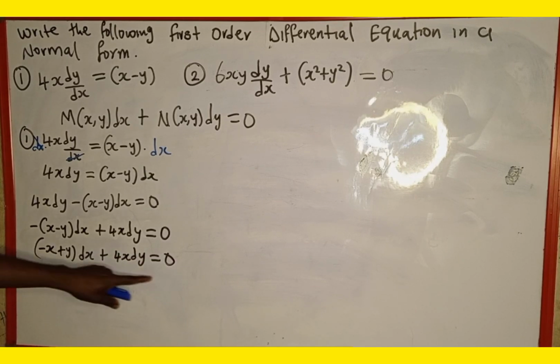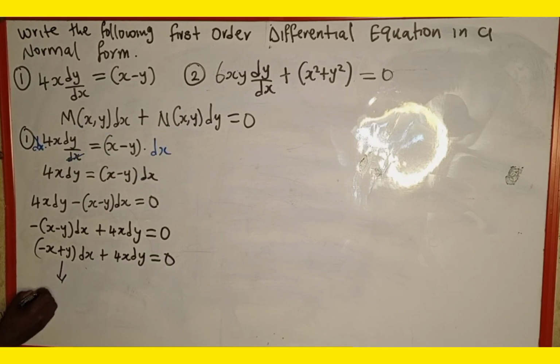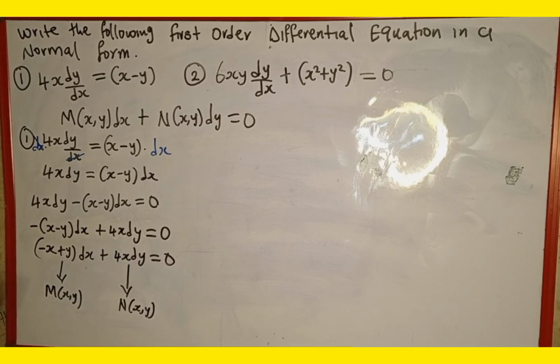If you look at this differential equation, it is in the normal form. So this one will be represented as M of x, y, and this one is N of x, y.